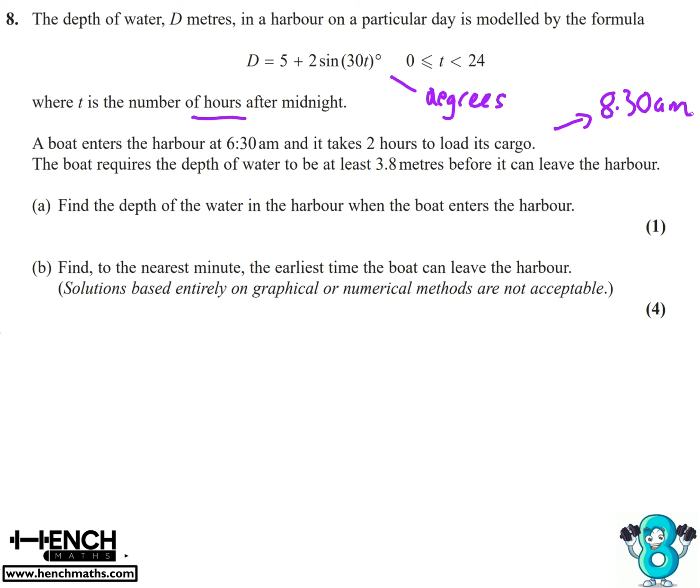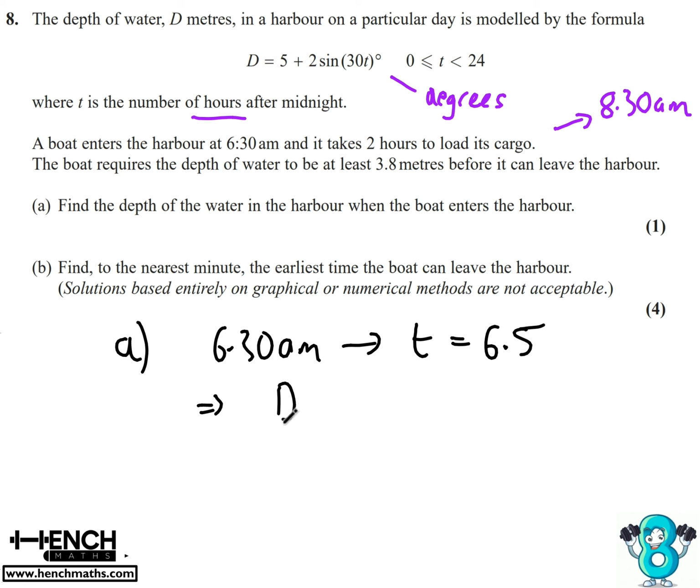So question 8a, find the depth of the water in the harbour when the boat enters the harbour. So 1 mark, so this should be fairly simple. When it enters the harbour, what time is that? It's 6:30 a.m., that means that t will be 6.5 hours. So we're going to sub that into our formula.